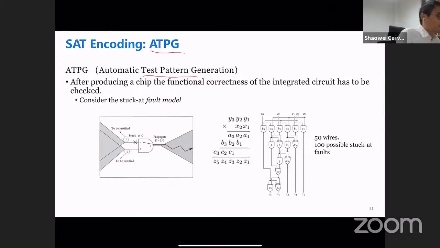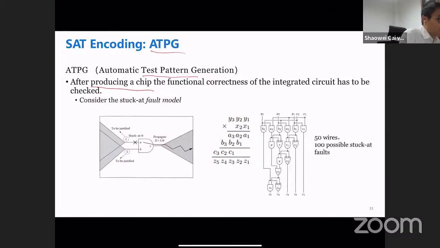After we design the chip, we go on to produce it. Even if functional correctness was proven in the previous stage, after the production procedure other factors, for example careless operation or the quality of the materials, may cause some faults to happen.